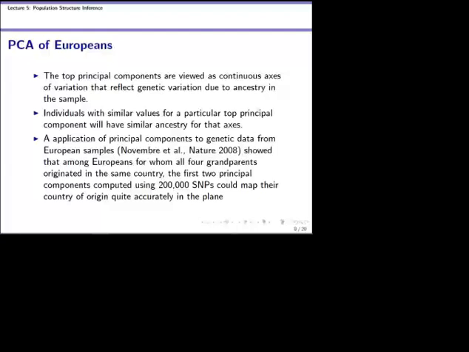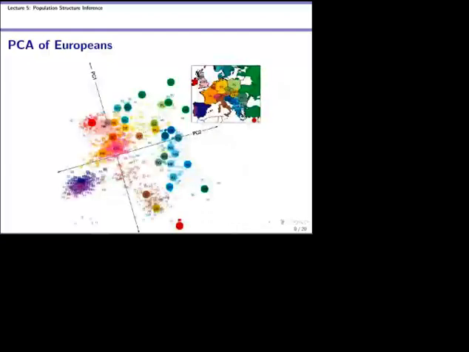In this study, they took samples from all these different countries in Europe, and they only included individuals whose grandparents all originated from that same country. They did a genetic relatedness measure, a genetic similarity, looked at all possible pairs, did PCA, and this is what they obtained. So you might have seen this figure before.